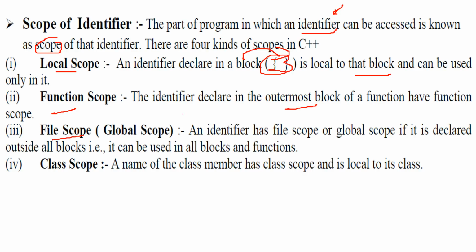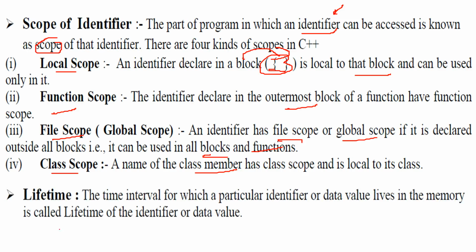While the file scope, that is the global scope: the identifier has file scope or global scope if you define it outside all the blocks, and it can be used in all the blocks and functions. Then we have a class scope. When we have the name of a class member, this has a class scope, and this is local to its class. So along with scope comes the lifetime.